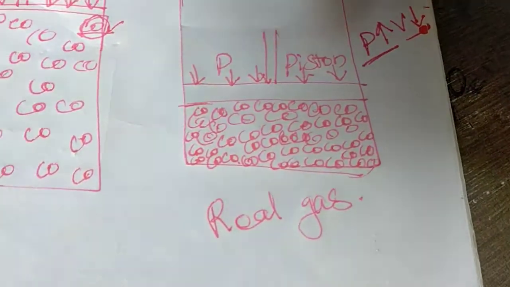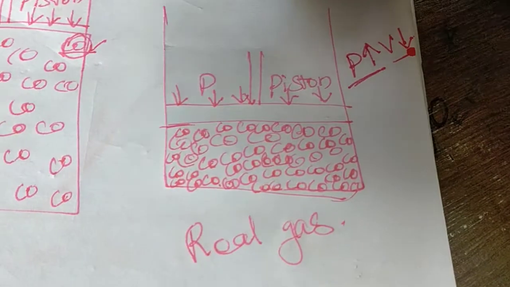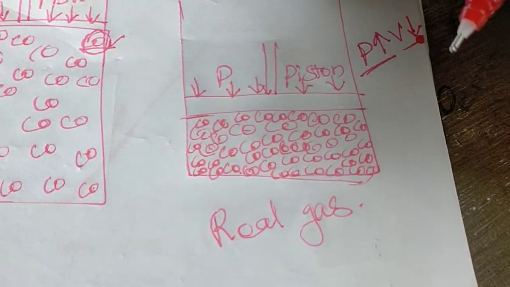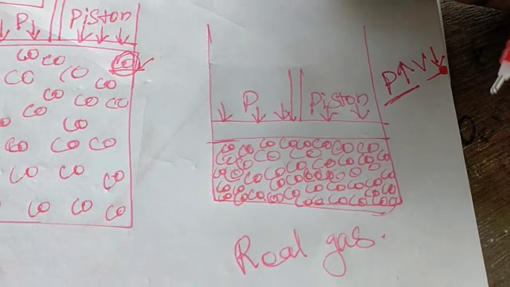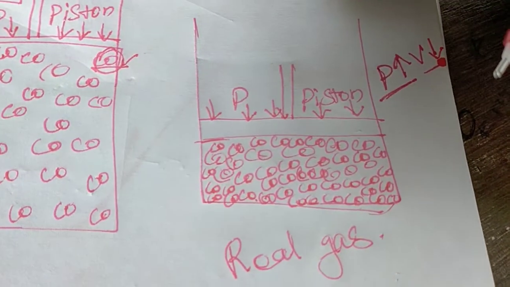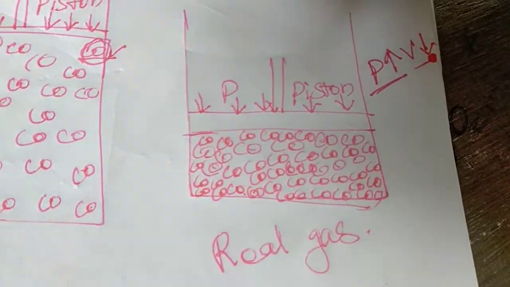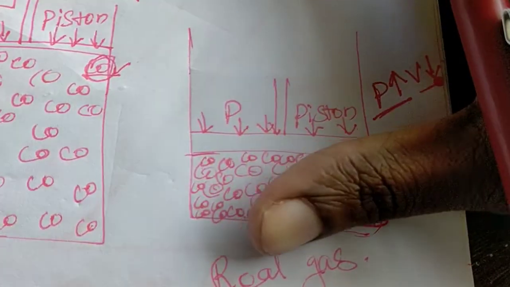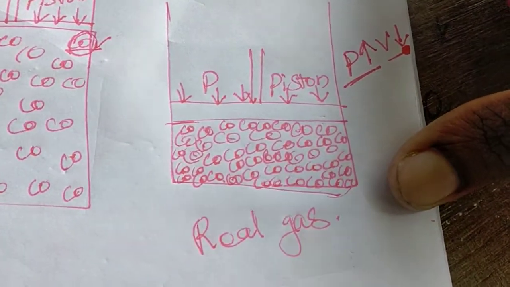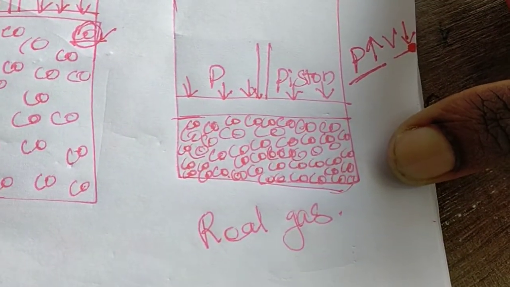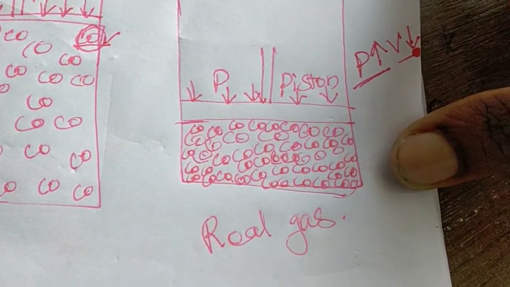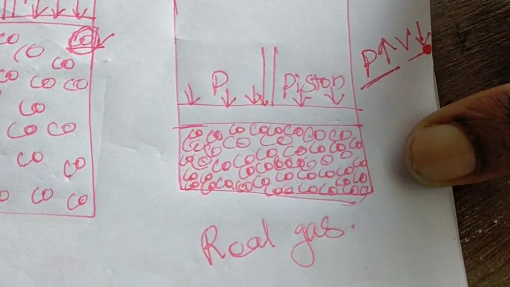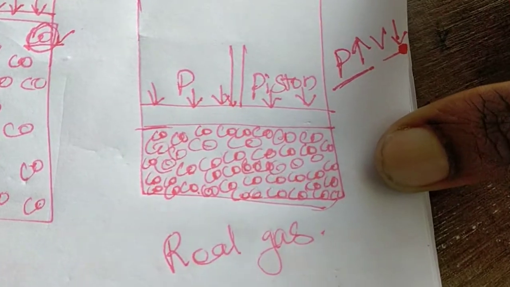So we have attractive force between those molecules. Because of this intermolecular attractive force, the motion of the molecules present in that system is affected. Okay, so when we increase the pressure, the gas particles will not act as an ideal gas. It will behave as a real gas.